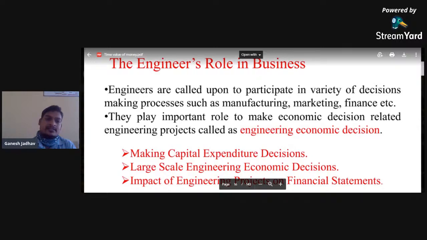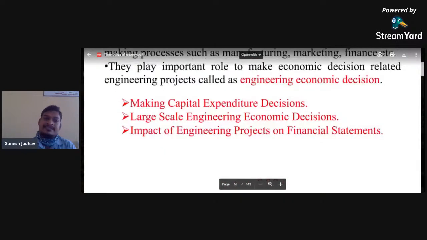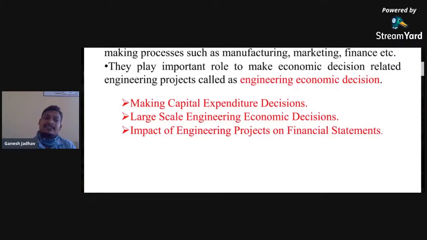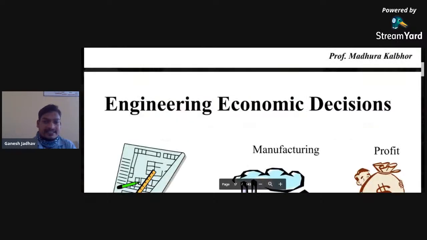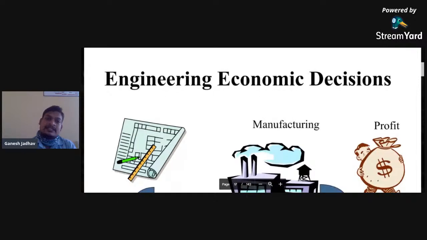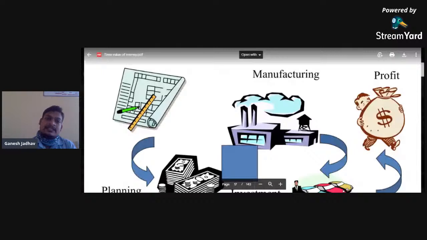Making the capital expenditure decision, and another one, the large scale engineering economic decision, the impact of engineering product on financial statement. This is the engineering economical decision which is related with the engineering value and the engineering product.